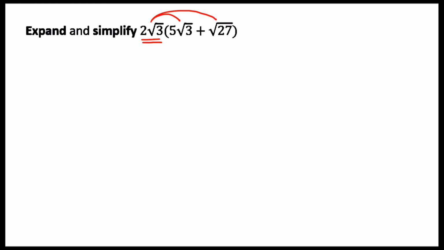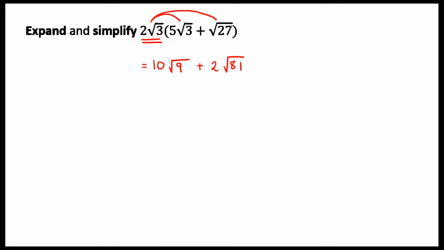Doing this gives me 2 times 5, which is 10, and root 3 times by root 3, which is root 9. For the second part, I want to do 2 root 3 times by root 27, so the 2 is going to remain on its own at the front, and 3 times by 27 gives me root 81.